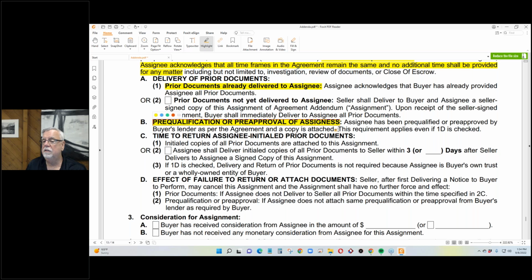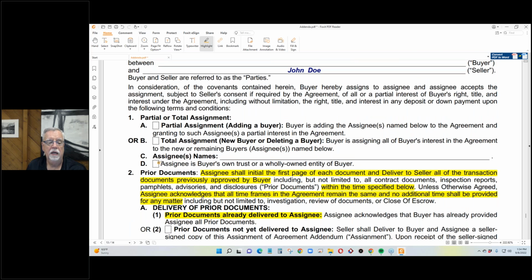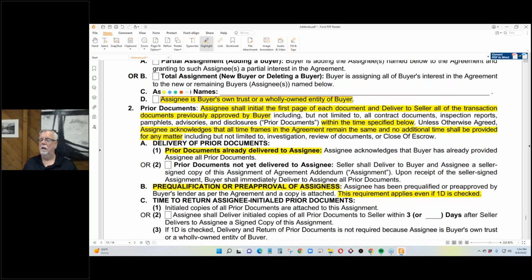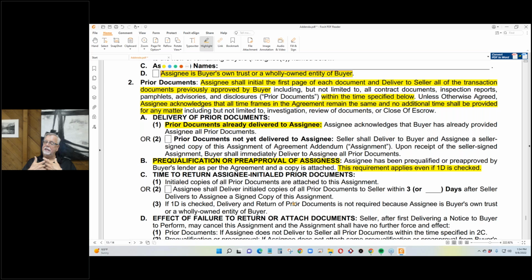Notice it says this requirement applies even if 1D is checked. 1D is assigning it to your own trust or entity, because it might affect the lender's willingness to make the loan, whether or not the loan is being made to John and Mary, or to the JM LLC. It might.